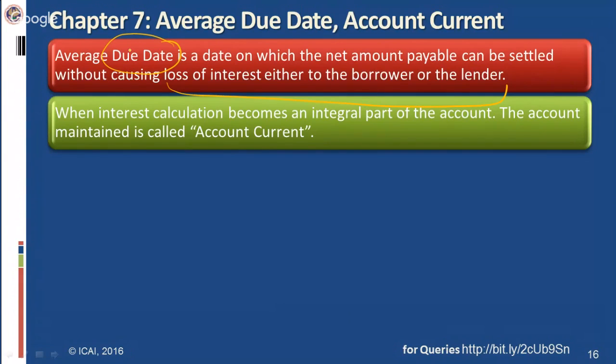When there are frequent purchase and selling transactions between two parties, account current is required to be prepared by either party, wherein they can make sure what amount they have to pay on one particular date and with what interest.